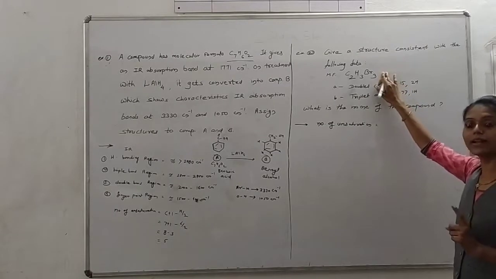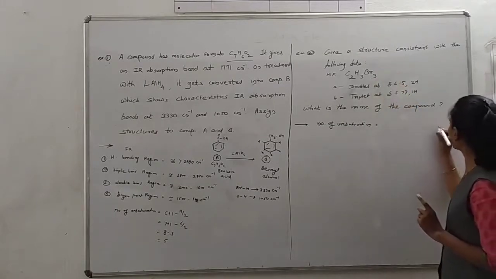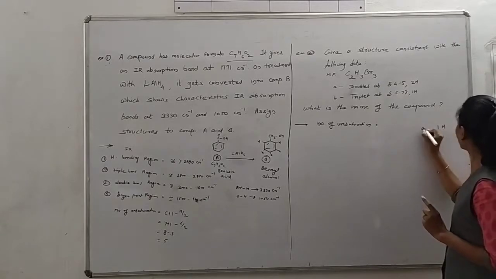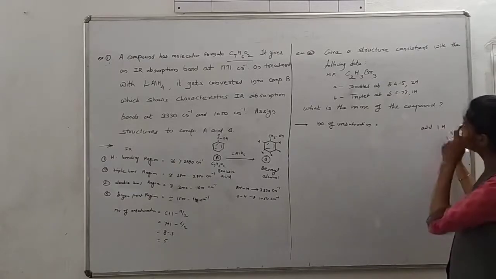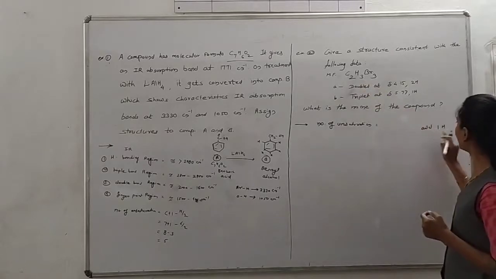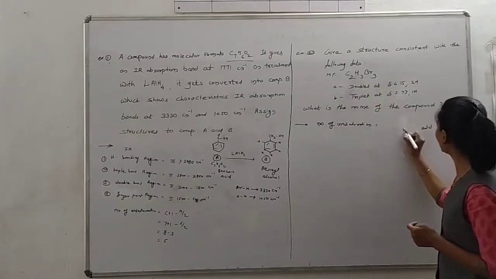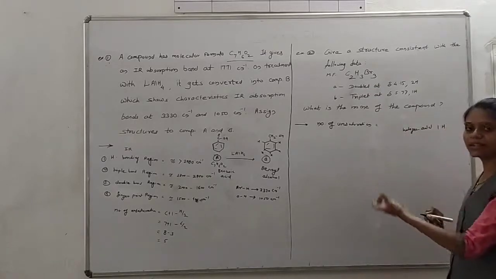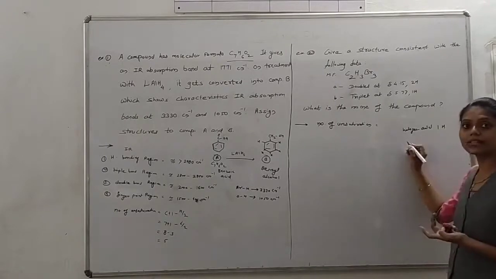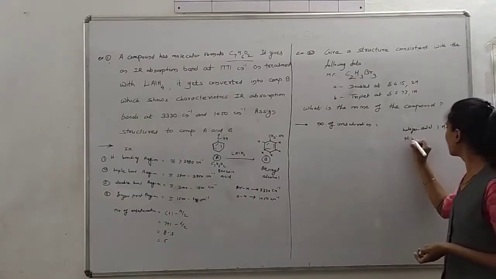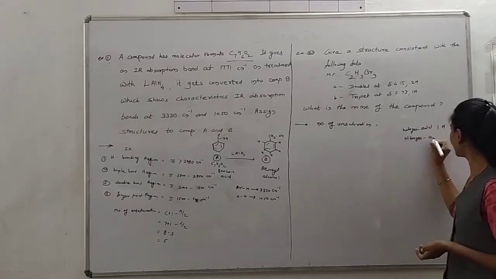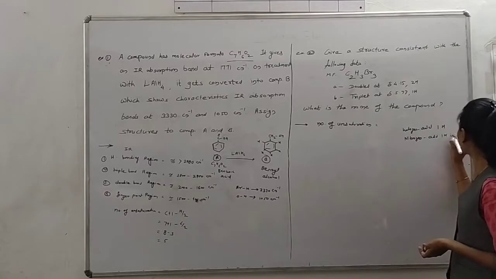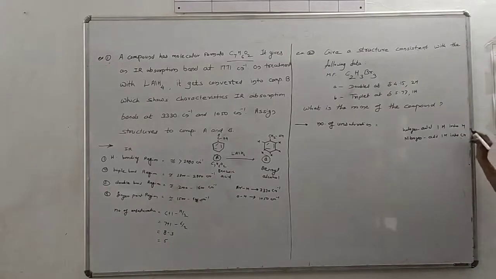When halogen is there, we add one proton into the hydrogen count. Addition of one hydrogen for each halogen present. And in another problem, if nitrogen is present, the rule is to subtract one H from the hydrogen count instead.